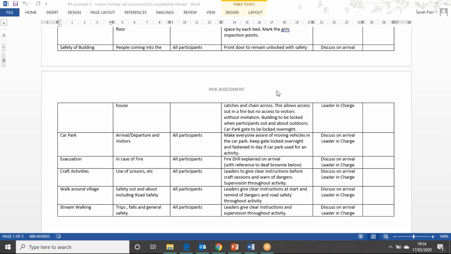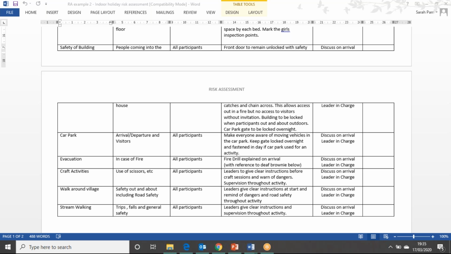Sometimes it does apply to all participants, but if you just put all participants for everything, then you're not being hugely inclusive, or differentiating between what risk is for who. It just seems a bit generic.